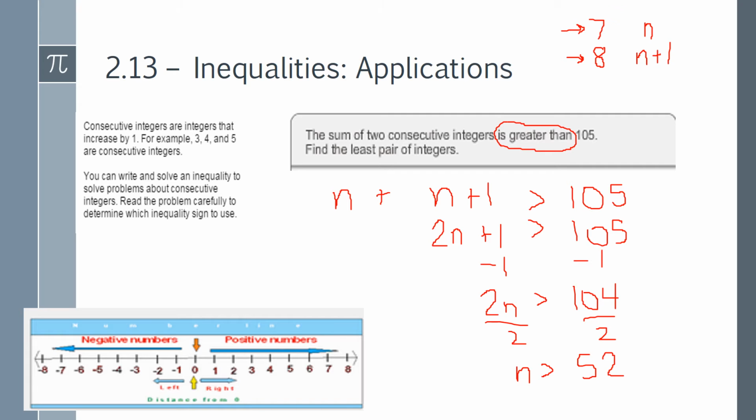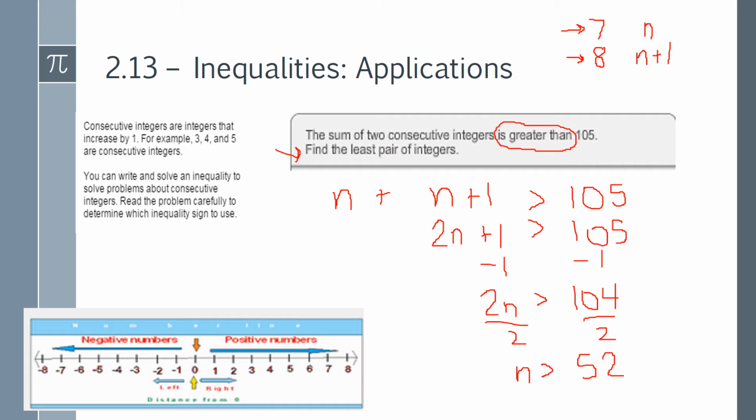Now, that's our answer, but go back, make sure you actually answer the question. It says find the least pair of integers. n has to be greater than 52, so 52 does not work because that is not greater than 52, that's equal to. I want an integer, so I want a whole number.